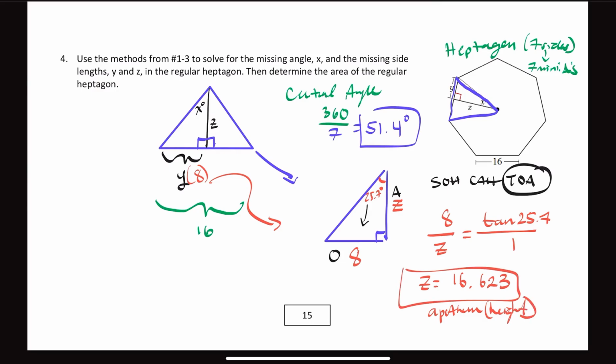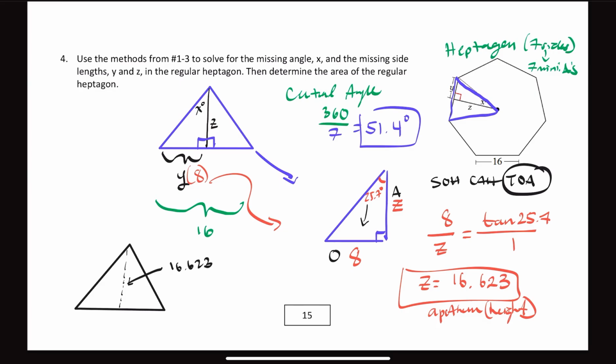So now we have all the information we need. And what's nice is I already know the base of that full triangle. So we can actually just mess with the main triangle from earlier. So this is the full thing. And we know the apothem has a value of 16.623.